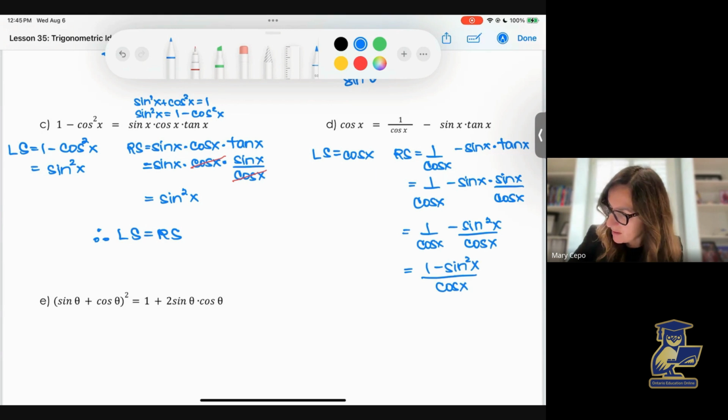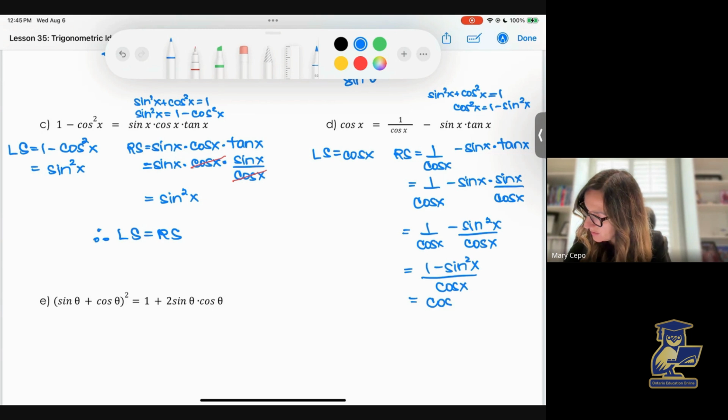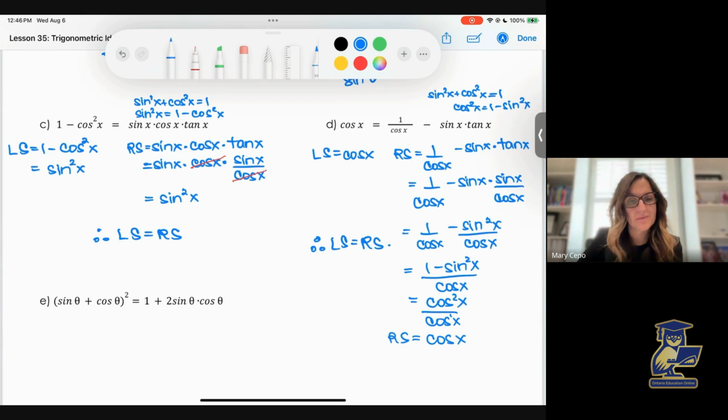So 1 minus sine squared x, again, starting with sine squared x plus cos squared x is equal to 1. We know that cos squared x then is equal to 1 minus sine squared x. So we're going to say cos squared x all over cos of x. Okay, use exponent rules. 2 minus 1, we're left with cos of x. So therefore, left side is equal to our right side.